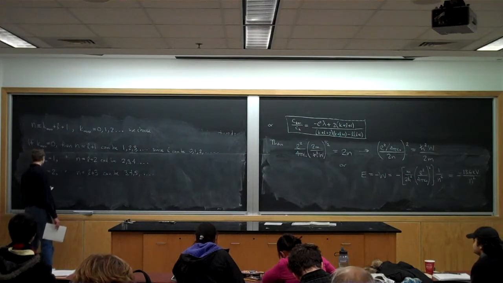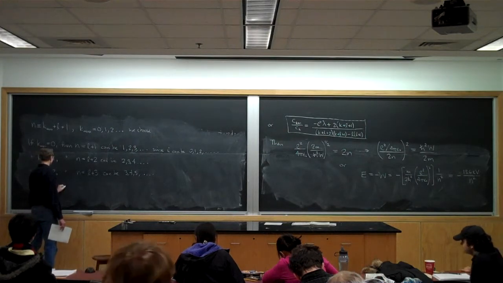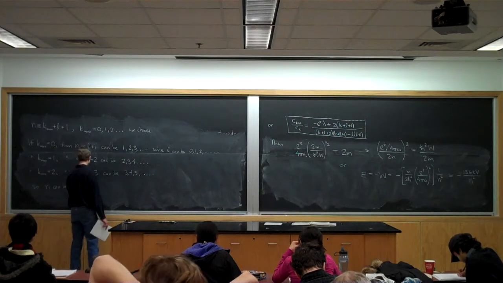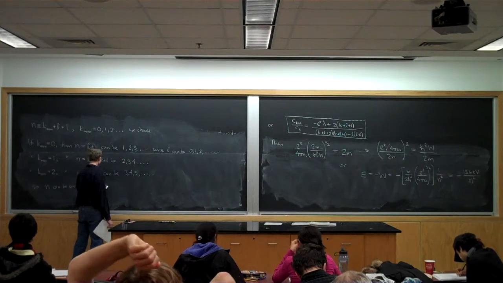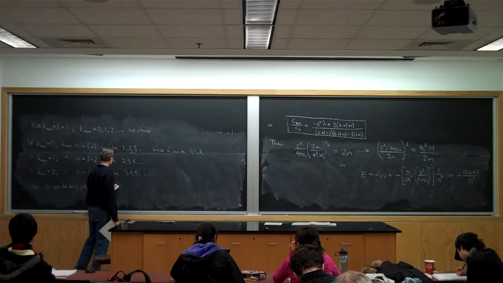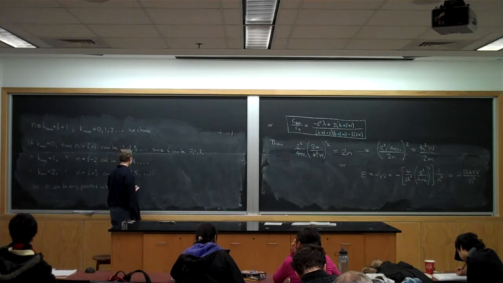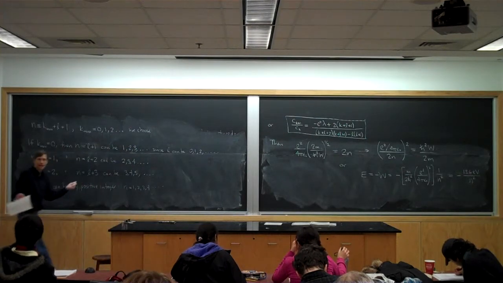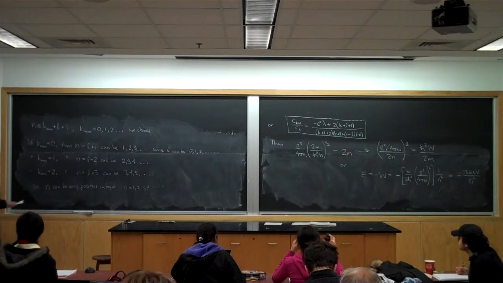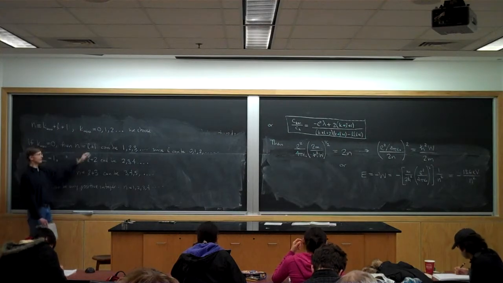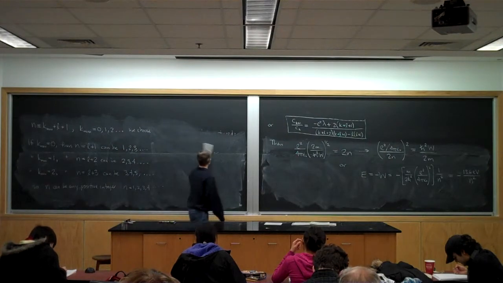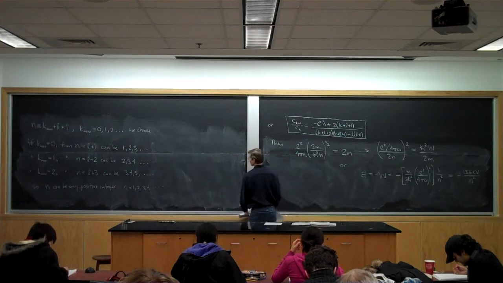So n can be any positive integer, n equals 1, 2, 3, 4. Note that n can't be 0. N has to start with 1, because at the least, n is L plus 1. That's the smallest it can possibly be. So n has to at least be 1.